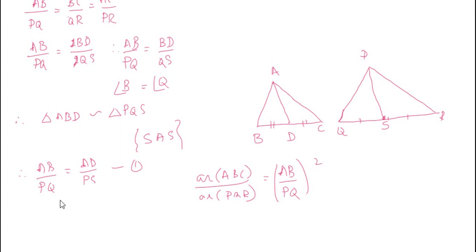But AB by PQ is AD by PS. So this is AD by PS whole square. That is area ABC by area PQR. This is the proof.